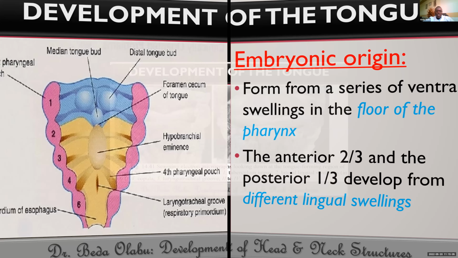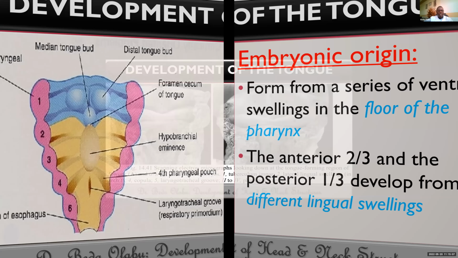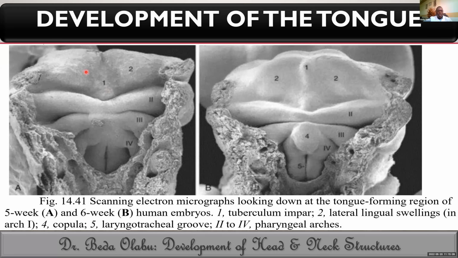The image here shows you the floor of the primitive pharynx. And we are seeing here multiple swellings related to the pharyngeal arches. So this is the one related to the first pharyngeal arch, second arch, third arch, fourth arch as labeled there.